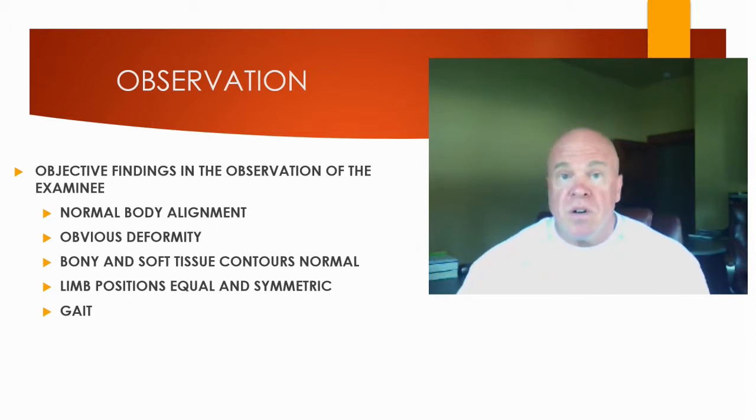Similarly, cervical spinal stenosis causes a forward flexion antalgia of the cervical spine. So these are just some examples of deviations from normal body alignment that could serve as true positive objective physical examination findings to support the examinee's condition. Okay?